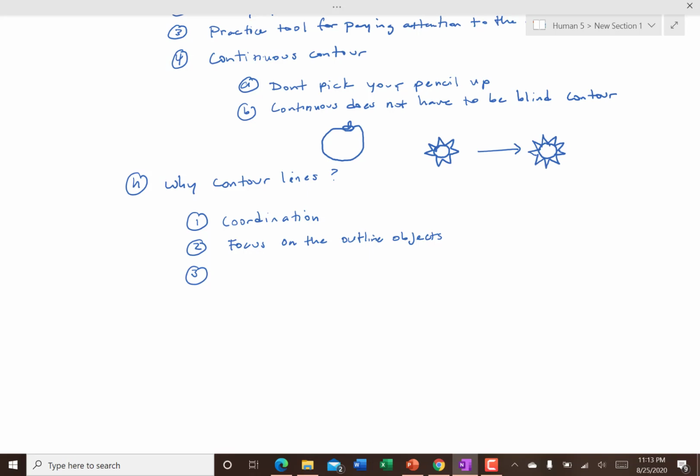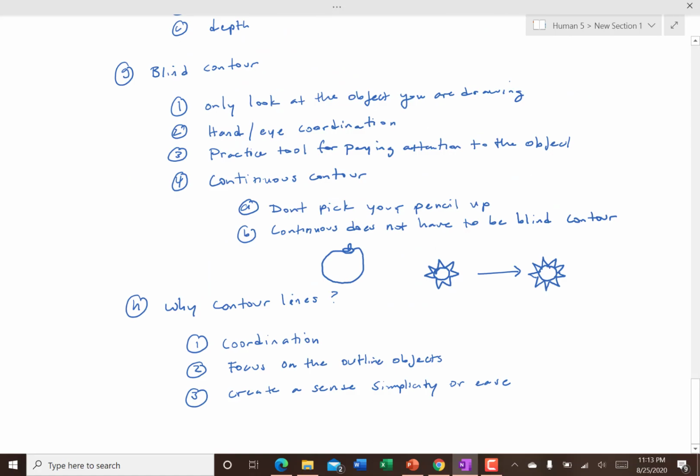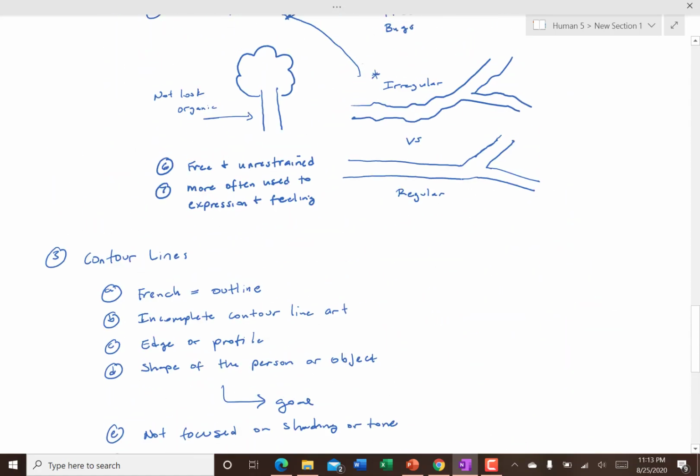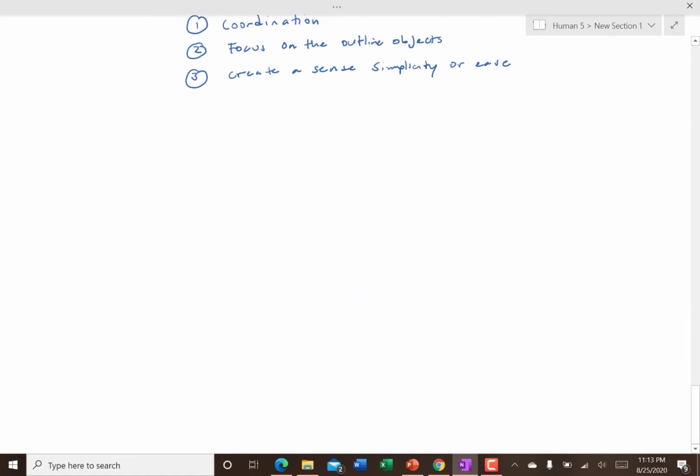It can also create a sense of simplicity or ease. So contour art often comes off as something that someone just casually did, right? That they were just going for a casual little drawing that they didn't put a lot of time or effort into, which is not true.